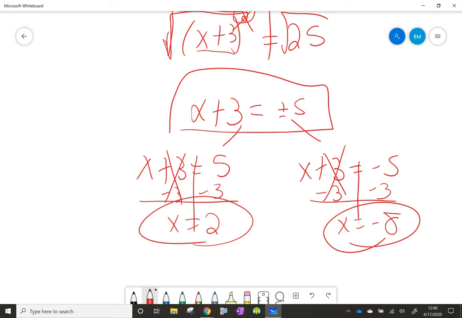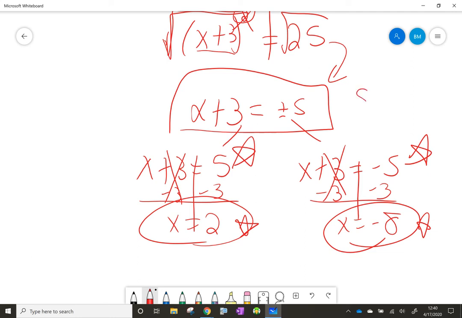Because remember, quadratics have two roots, two x-intercepts most of the time. Not every time. Sometimes they have 1, sometimes they have 0, but most of the time they have 2. So you should be expecting two answers. And the only way you get two answers is from two equations. Those two equations come from after you square root a number like that.